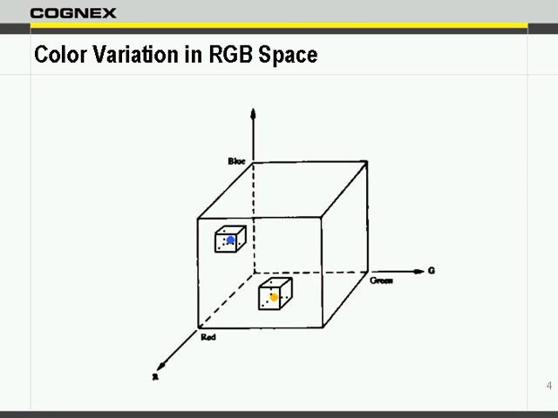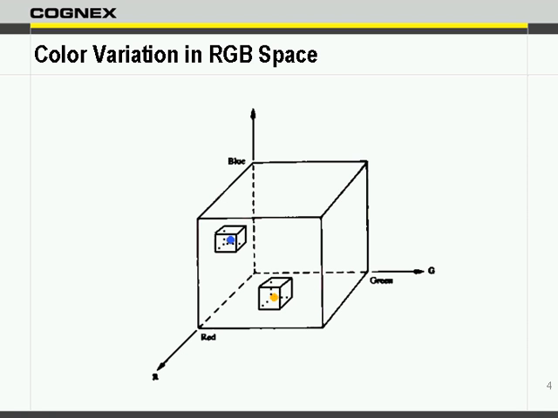So because of all that, even for a part that is supposed to have a solid color, it's very unlikely that all the pixels would have the exact same red, green, blue combination of values.